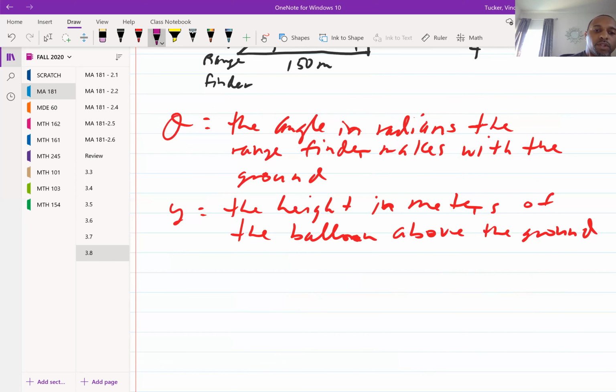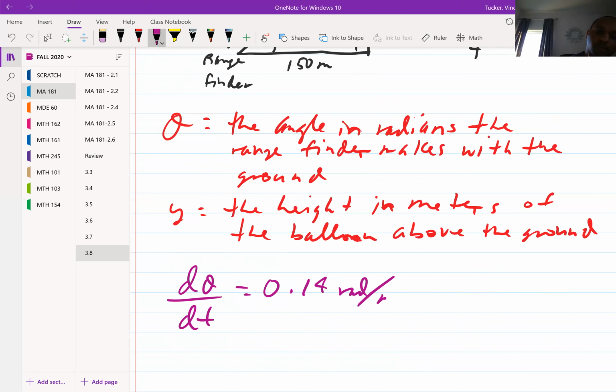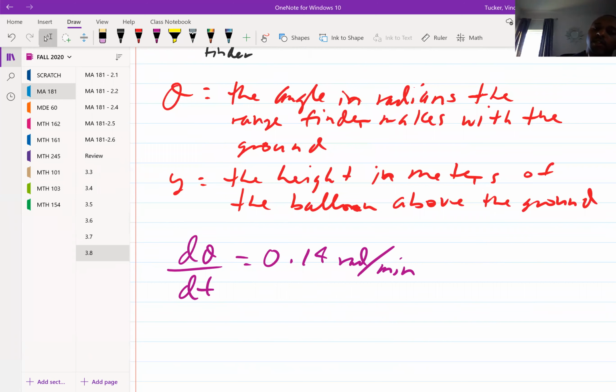All right, so what we know is the derivative of theta with respect to t, in radians per minute, and that is when theta is pi over 4. Now we can use our trig functions to establish the next relationship.